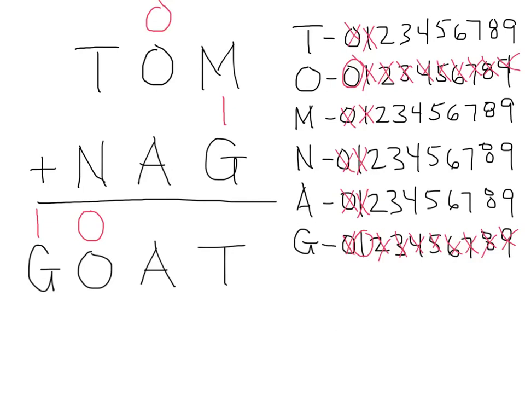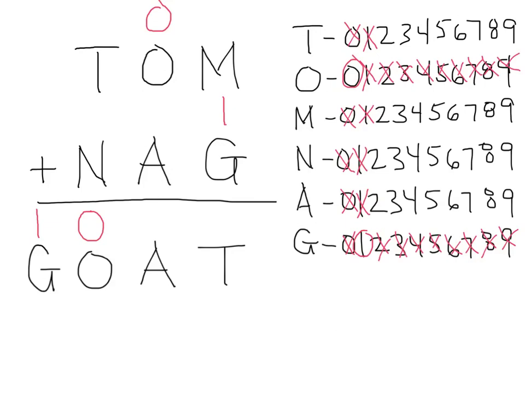Now let's look at this T plus N. T plus N has to equal 10. Okay, so there's only so many numbers that can add up to 10. One thing is 5 plus 5 equals 10. But if T is 5, then N can't be 5, so I know that that's not the right answer.